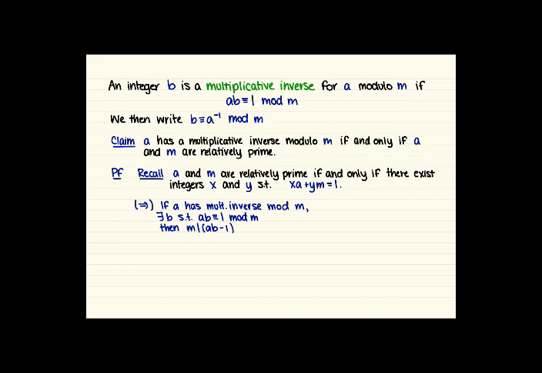In turn, using our definition of divisibility, that means that there exists k such that mk equals ab minus 1. Now we can reorganize this to b times a plus negative k times m equals 1. And so by our fact, this is equivalent to a and m being relatively prime. So a and m are relatively prime.